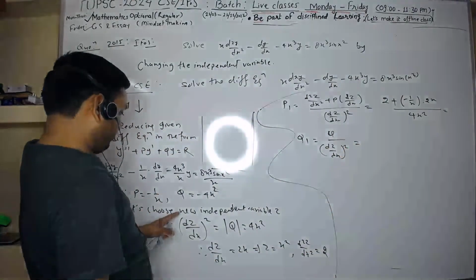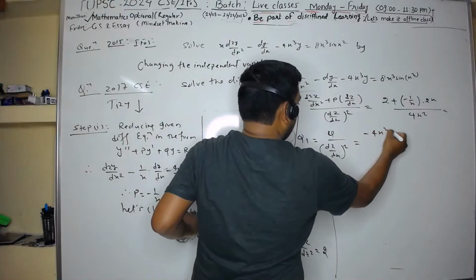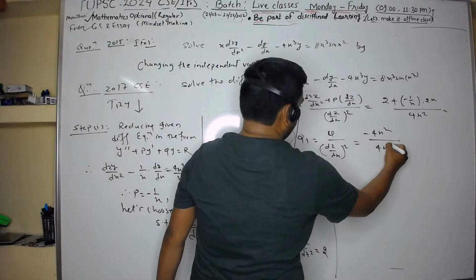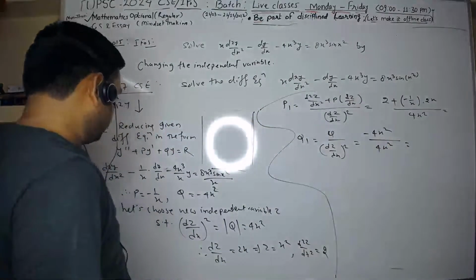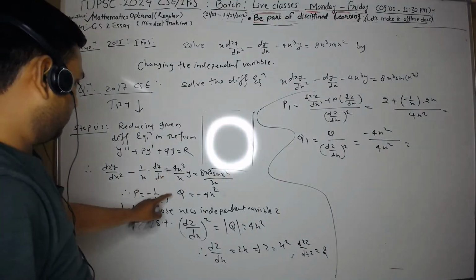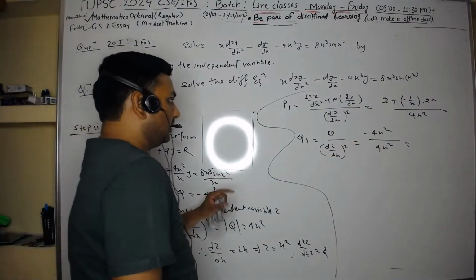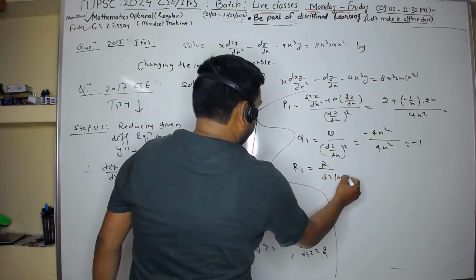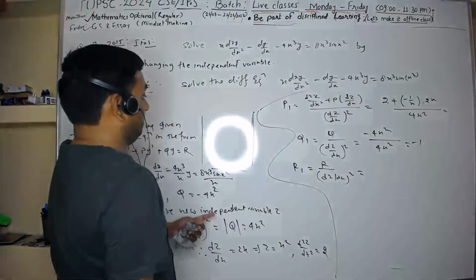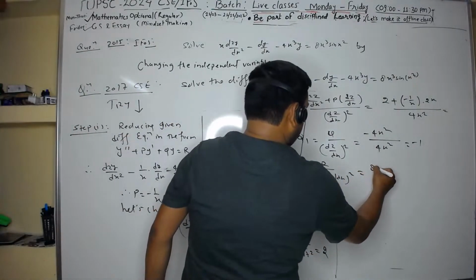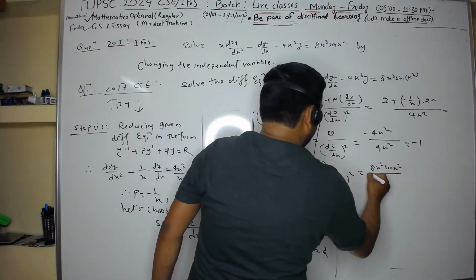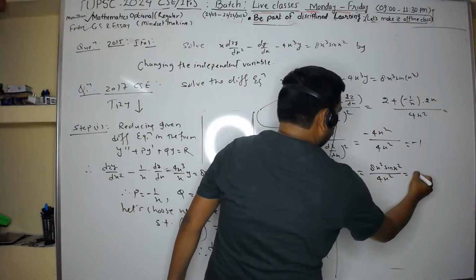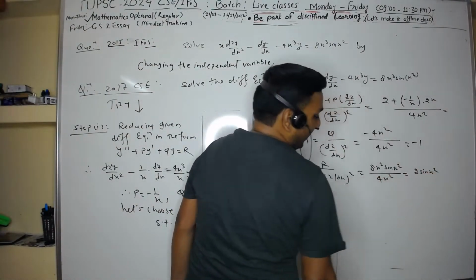What is q here? कहाँ गया? Minus 4x square. What is (dz upon dx) whole square? यही है ना? 4x square. What is r1? r is what? 8x square sin x square divided by (dz over dx) whole square. So that comes out as 2 sin x square.